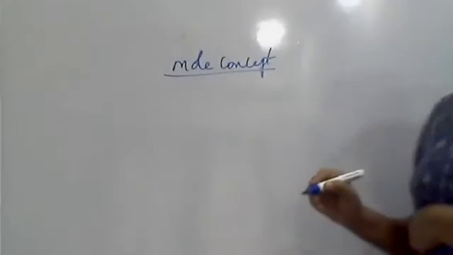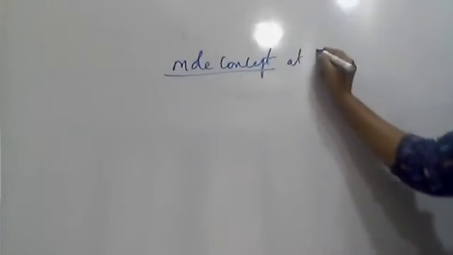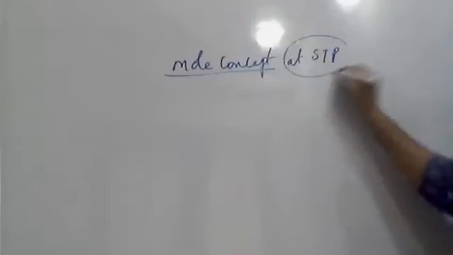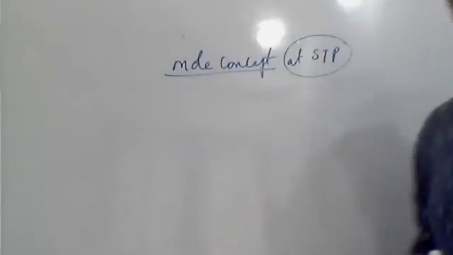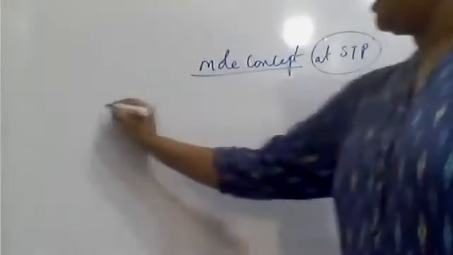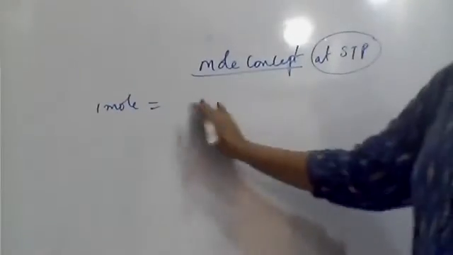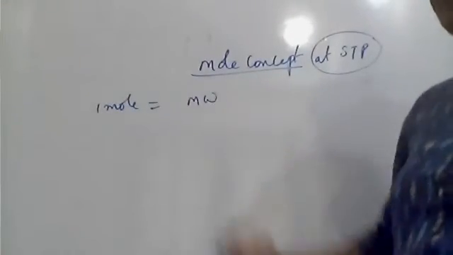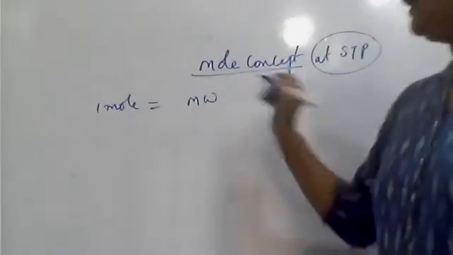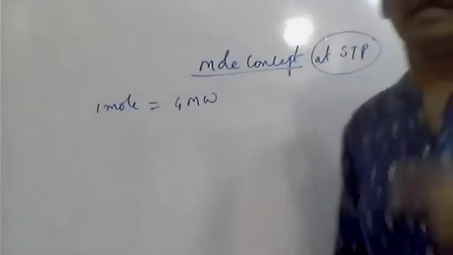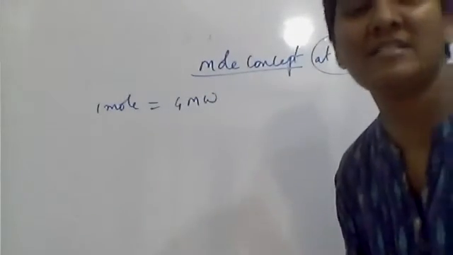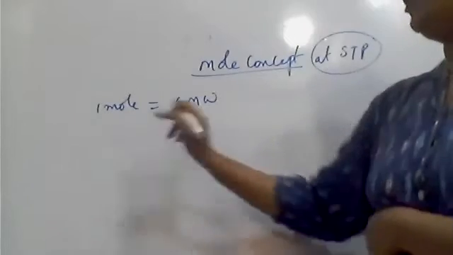Okay, then write at STP or NTP. Start here, only one line: 1 mole equals the molecular weight of one molecule in grams. So for any molecule, its gram molecular weight is 1 mole.